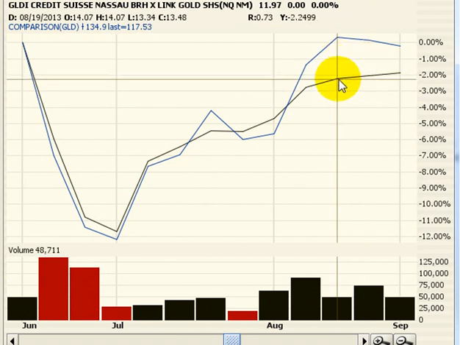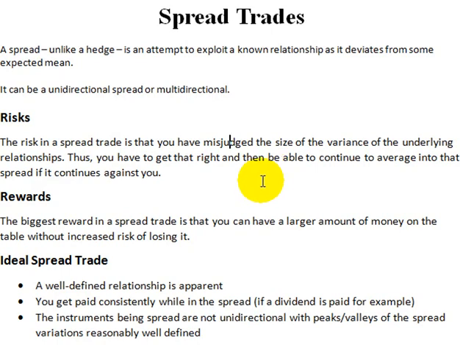Well, maybe I want to add some more at that difference because I know it can only get to 5 max, theoretically. So you want to know what that spread relationship is so that you know when you can average into it and continue to average into it.